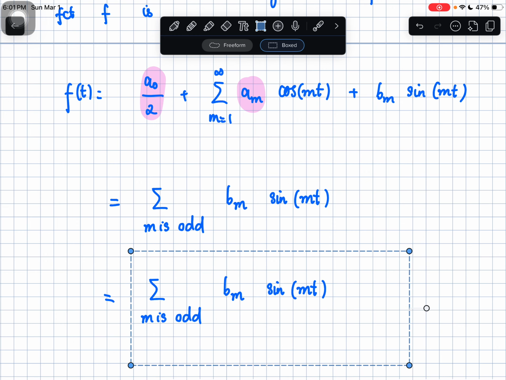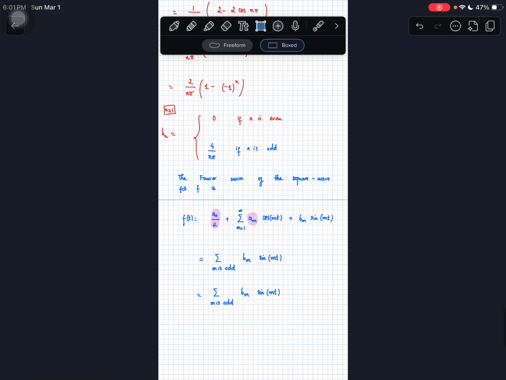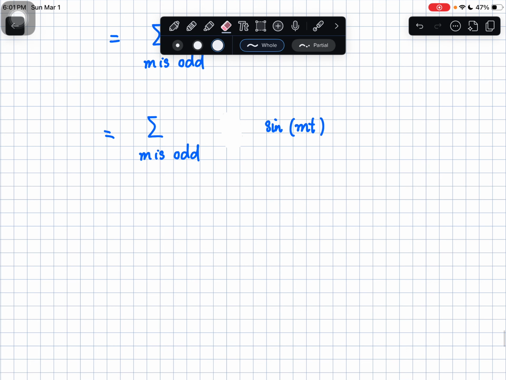And if you want to write down without using odd, then m equal to 2n, m is odd, m equal to 2n minus 1.